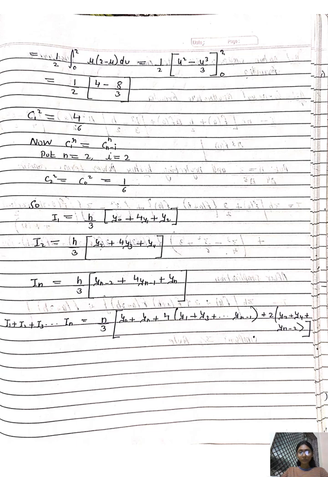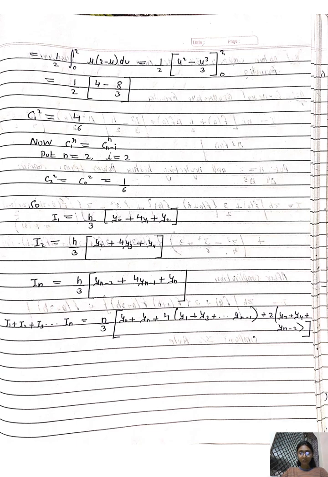Cin is equals to Cn minus i power n. Put n is equals to 2 and i is equals to 2. Then we get C2 square is equals to C0 square is equals to 1 by 6.